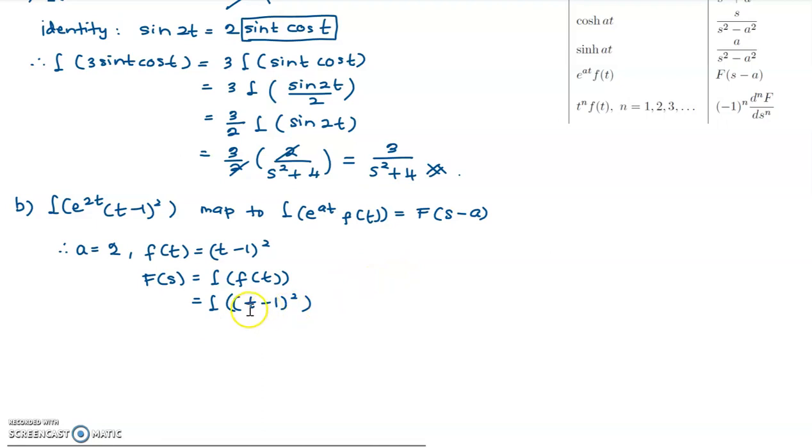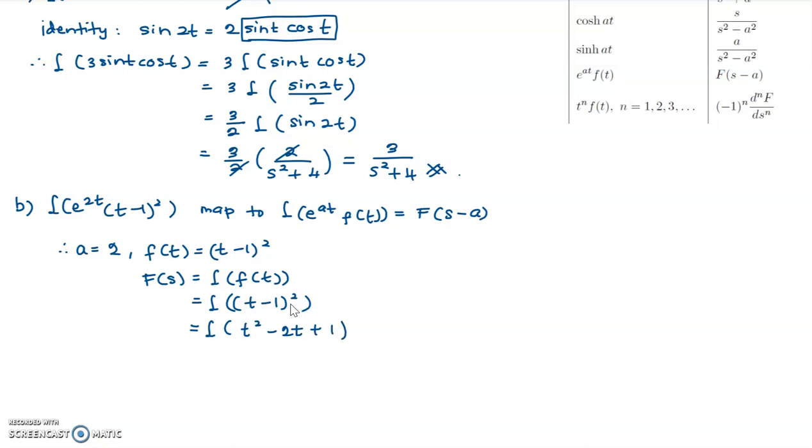But we know that (t minus 1) squared can be expanded to be t squared minus 2t plus 1.